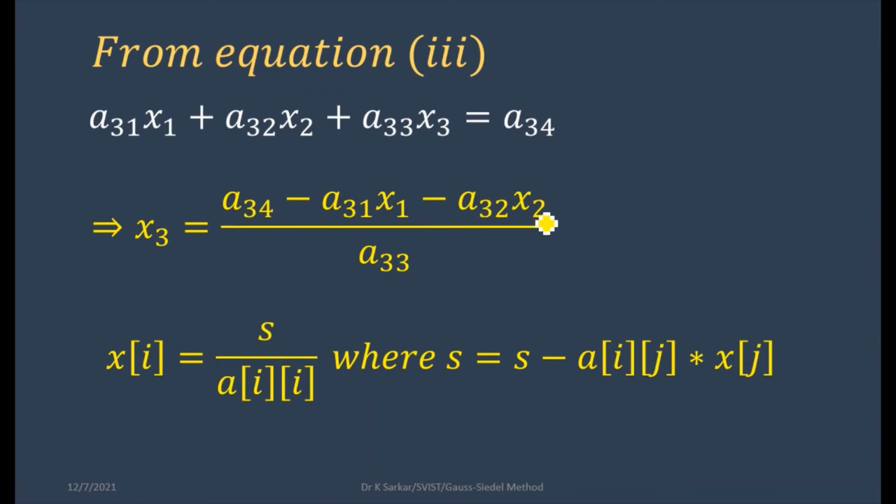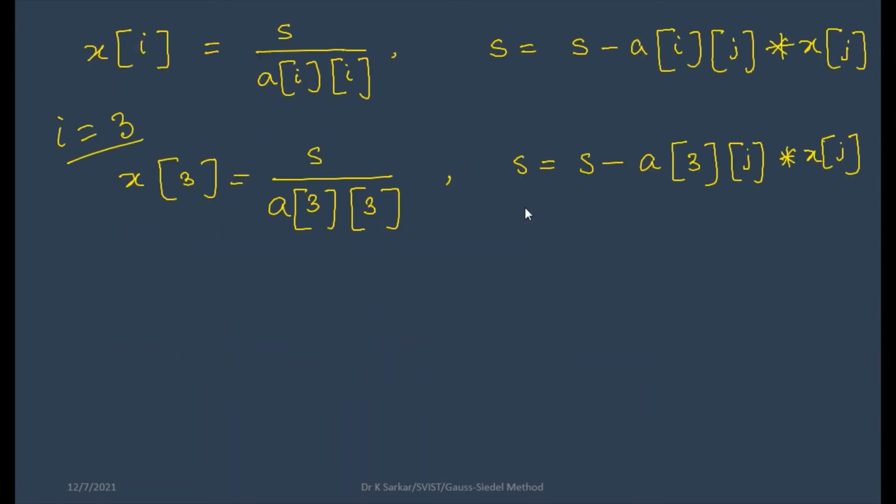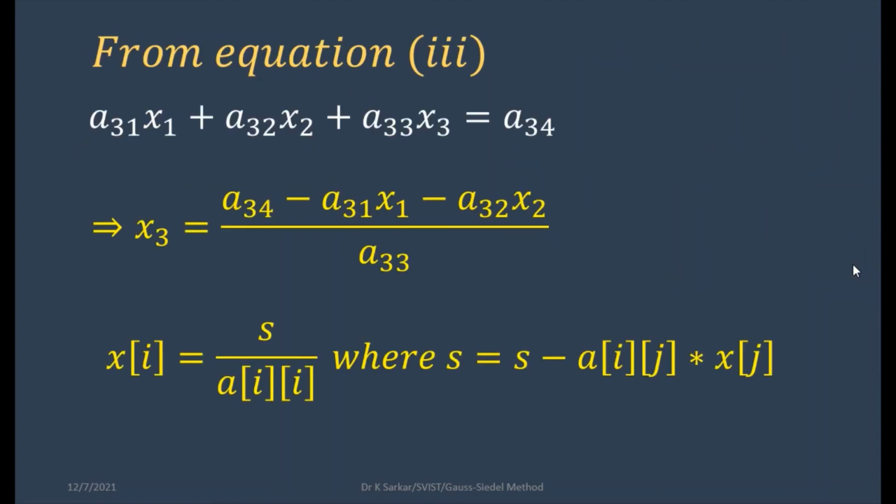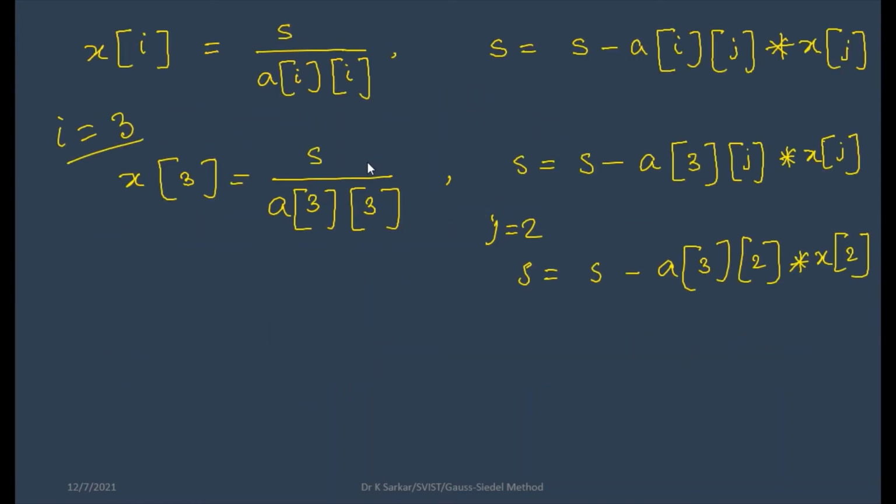Previously what you got was a24, then a21 x1, and here you got a32 x2. So in this case j is 2. For j is 2, s equals s minus a32 and x2. Check here, this much is actually s that we have to find for j equals 1.